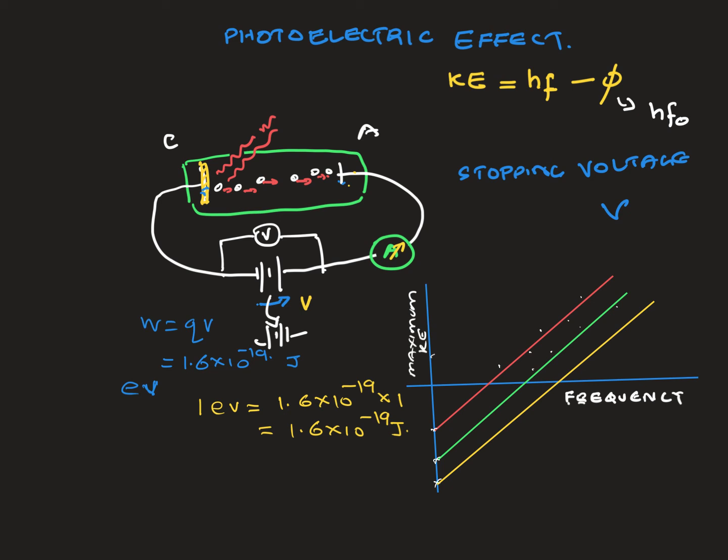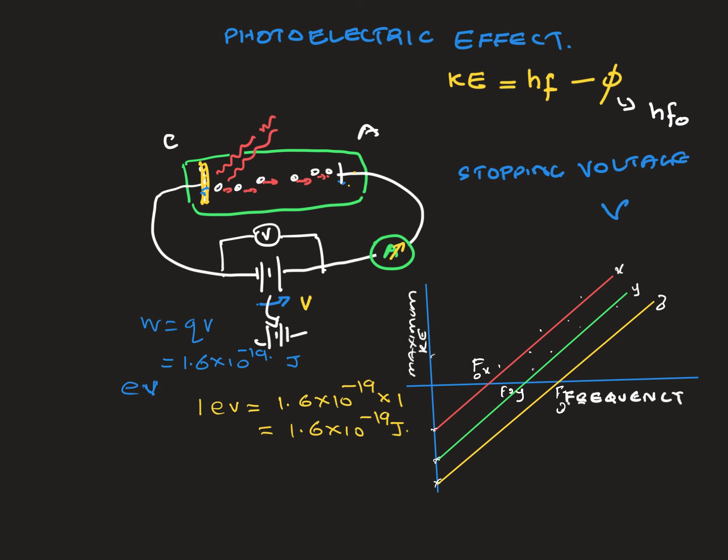If I say this is X, this is Y, this is Z, different metals, then this is the threshold frequency f0x, this is f0y, and this is f0z.